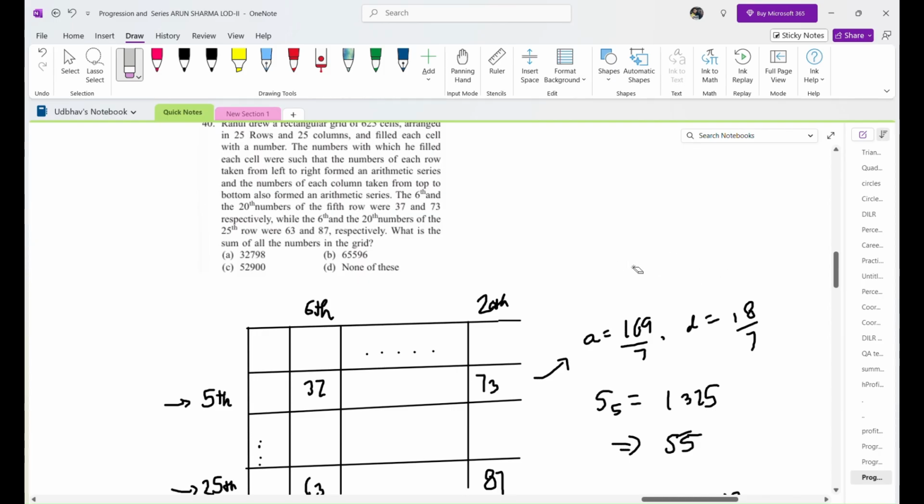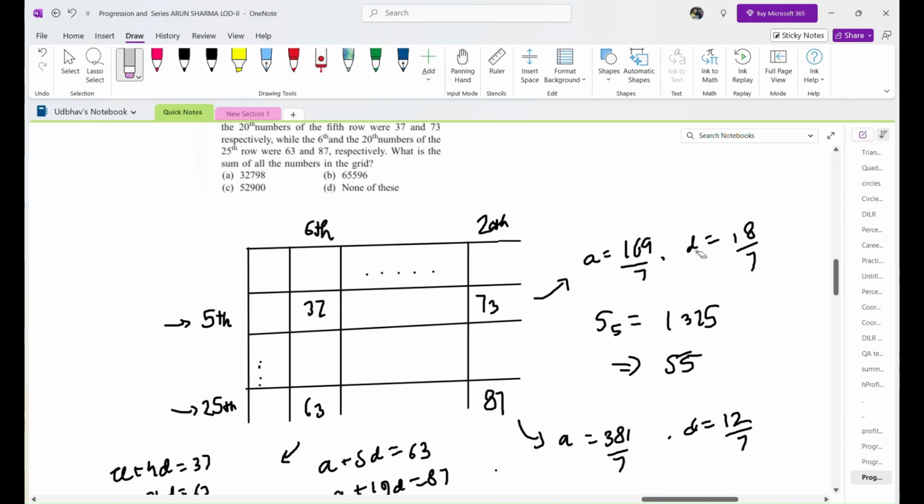So from here we get the value of A and D, and now we can use the formula of Sn where n equals 25, because there are 25 numbers in the fifth row. You can use the formula to find the sum of the fifth row only. So the sum of the fifth row will come to 1375.